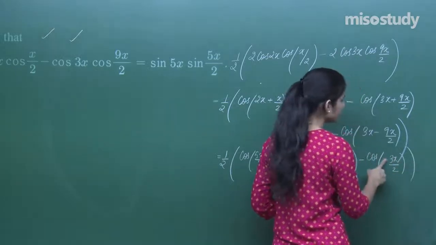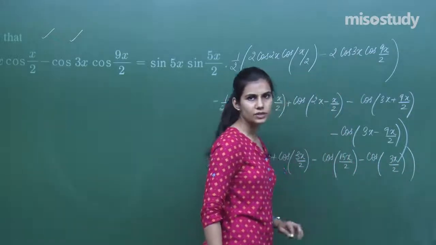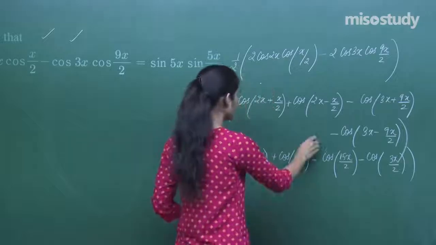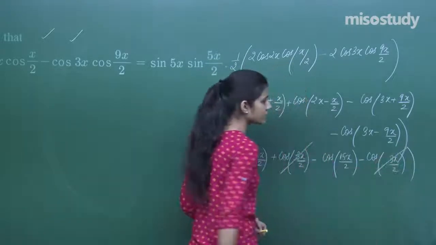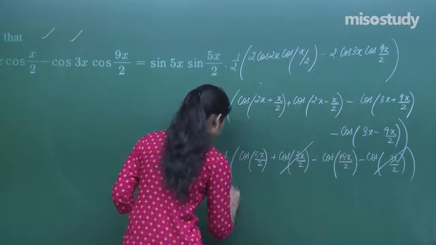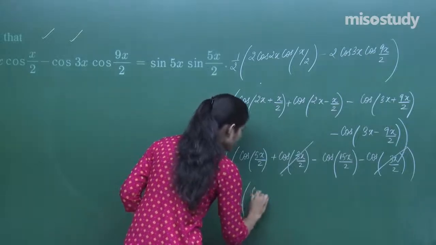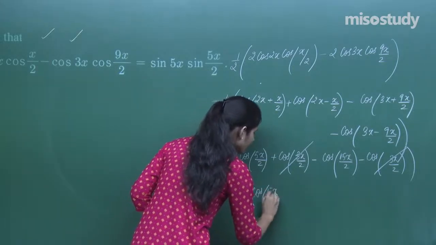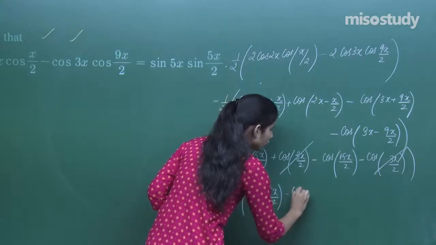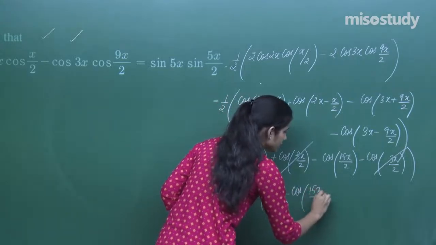But cos of minus theta is same as cos theta, so no relevance of this minus sign. You can see I have cos 3x/2 minus cos 3x/2, they both cancel out. I am left with 1/2 cos of 5x/2 minus cos of 15x/2.